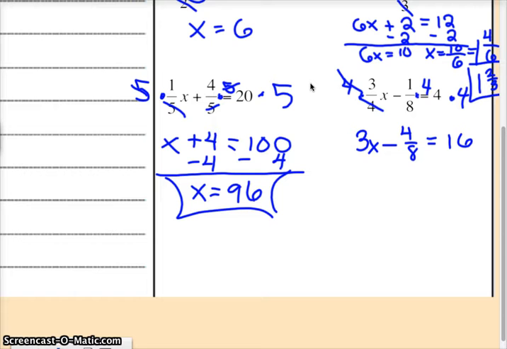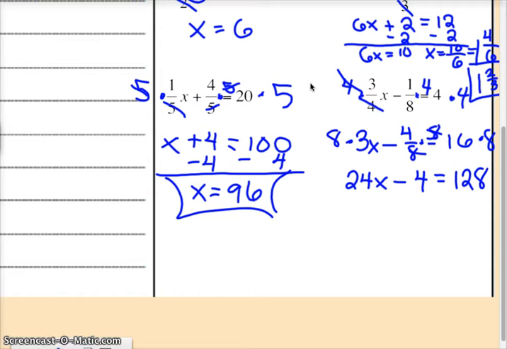Now get rid of my 8 by timesing everything through. 8 times 3 is 24x minus, the 8s cancel. Let's see, 80 plus 48 is 128. Add 4. See, the numbers are just bigger.